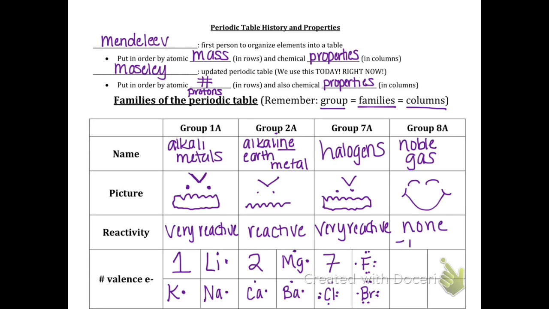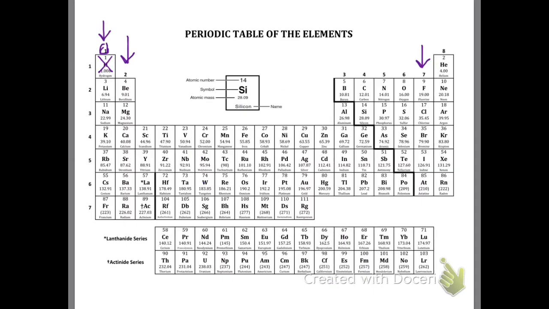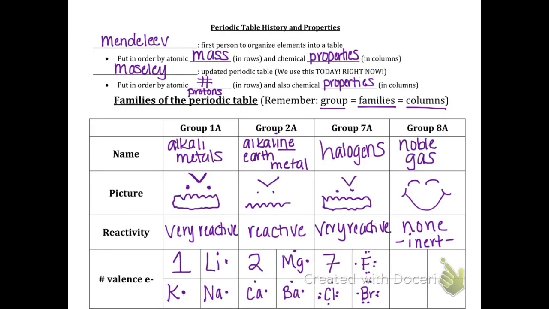They are what we call inert, meaning they have no reactivity. They sort of mind their own business. If we look at our periodic table, our noble gases are in the very last column. They start with helium and end with radon. So if we look here, they mostly have 8 valence electrons.